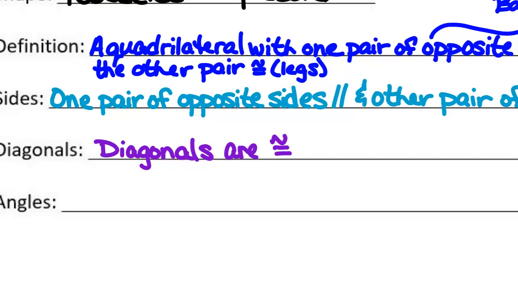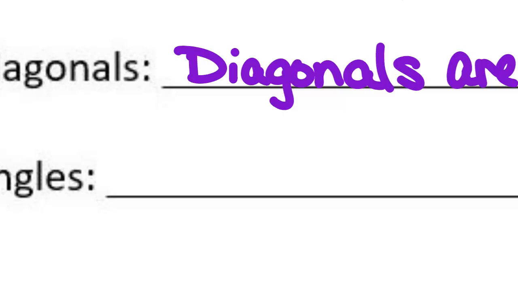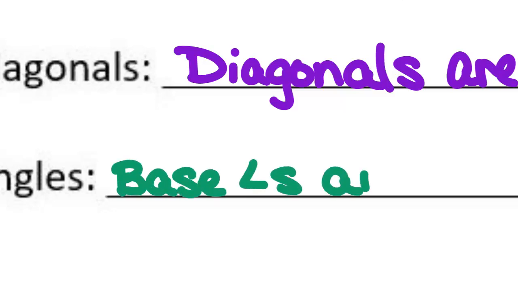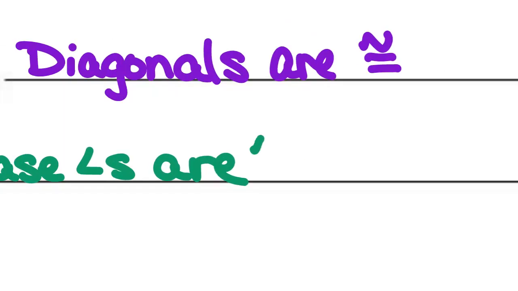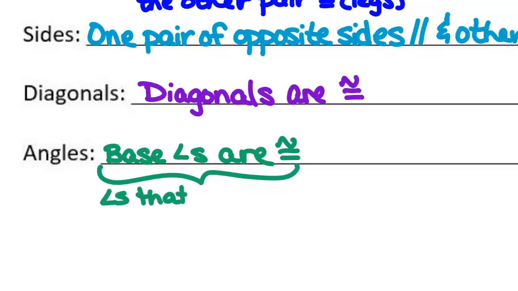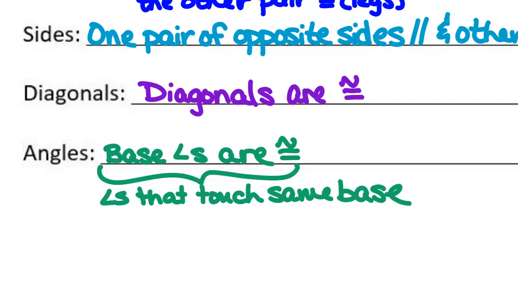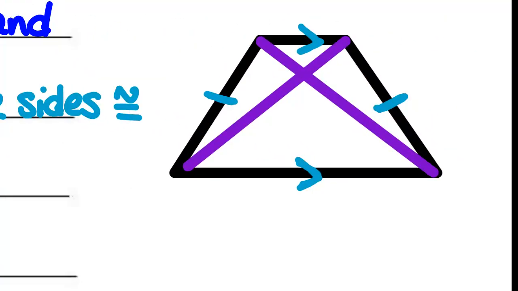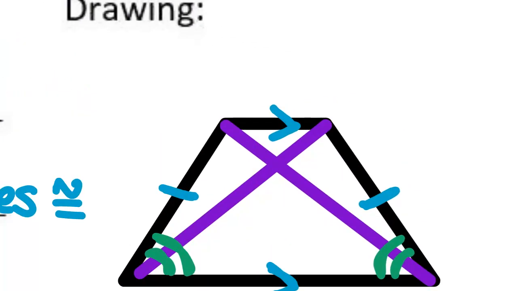And then for the angles, base angles are congruent. These are angles that touch the same base. So my base angles would be these two down here that are both touching the bottom base, so those are congruent to each other.